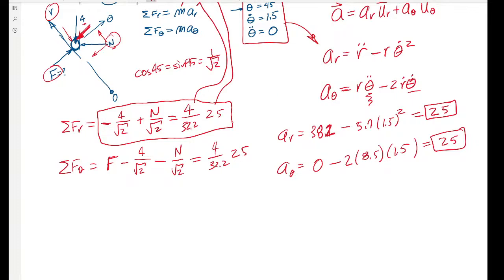So this means you can stop or start or whatever and immediately say n is equal to square root of 2 roughly times 4 over 32.2, 25 and change, which is still in my calculator, and then move the 4 over.